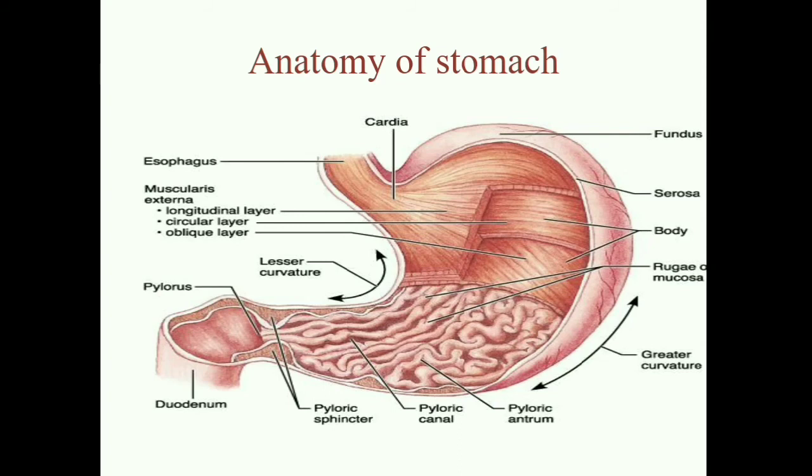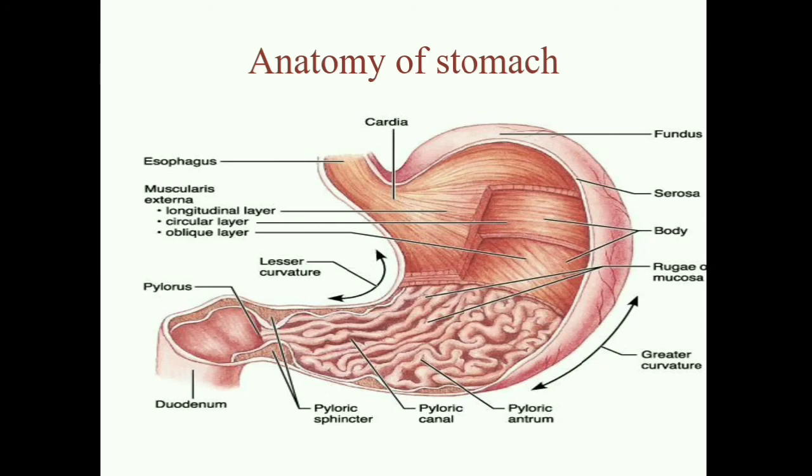It's a J-shaped organ. You can see the anatomy. A stomach consists of four regions basically: the fundus, the upper dome-shaped part, the cardiac part which receives the esophagus, the main part called the body, and the pyloric part which is connected to the duodenum or small intestine. Stomach has strong muscles in its wall.